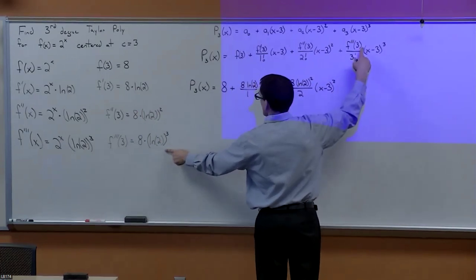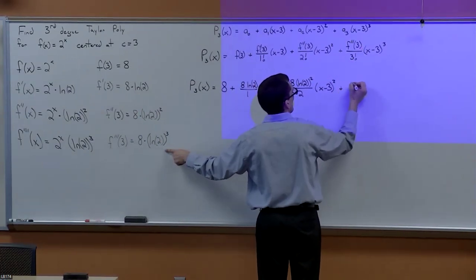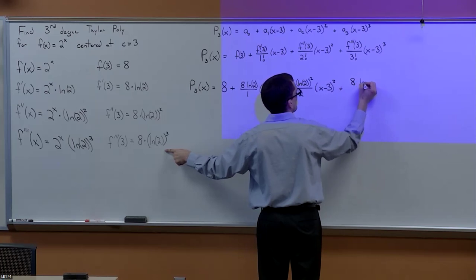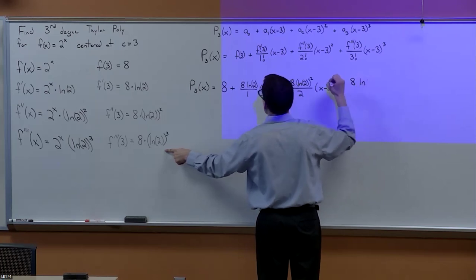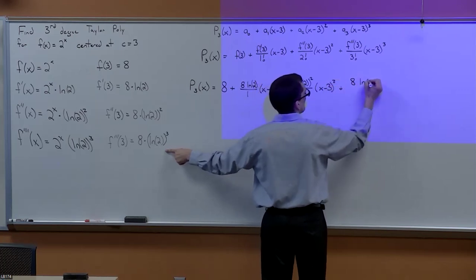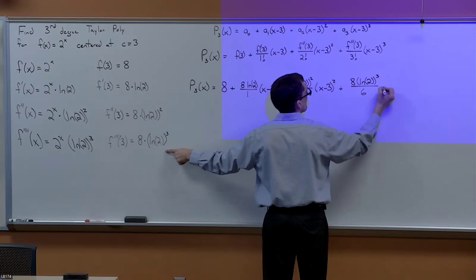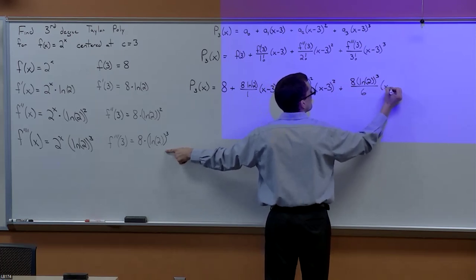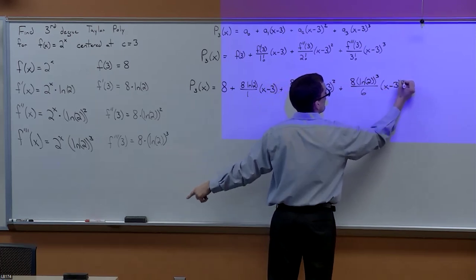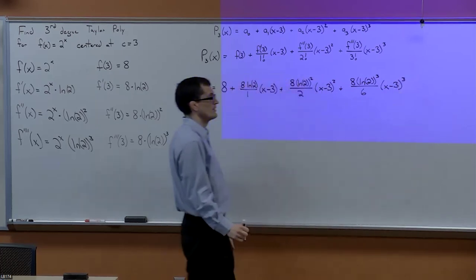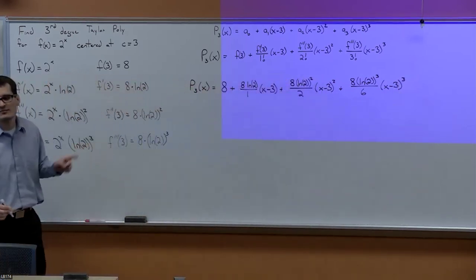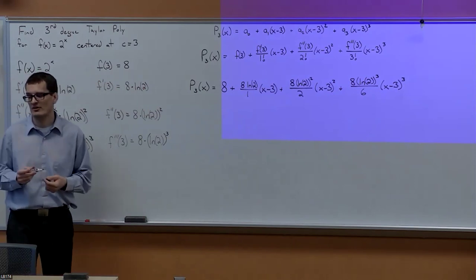And then this is 8 times natural log of 2 to the third power divided by 6 times x minus 3 to the third. That's my third degree Taylor polynomial.